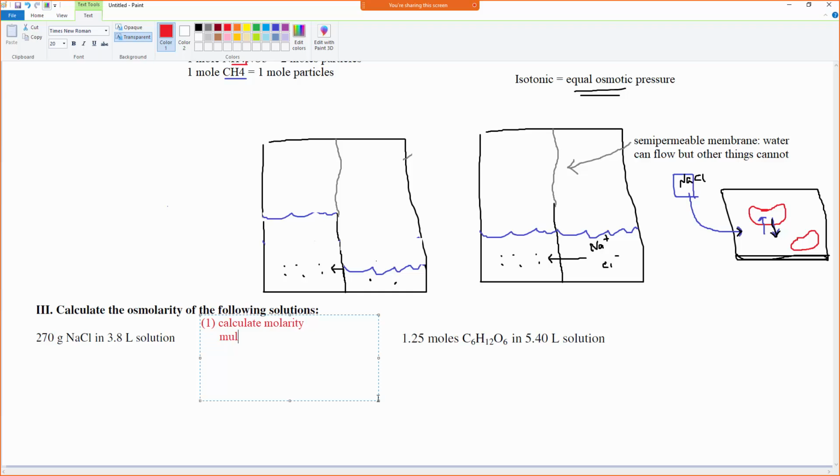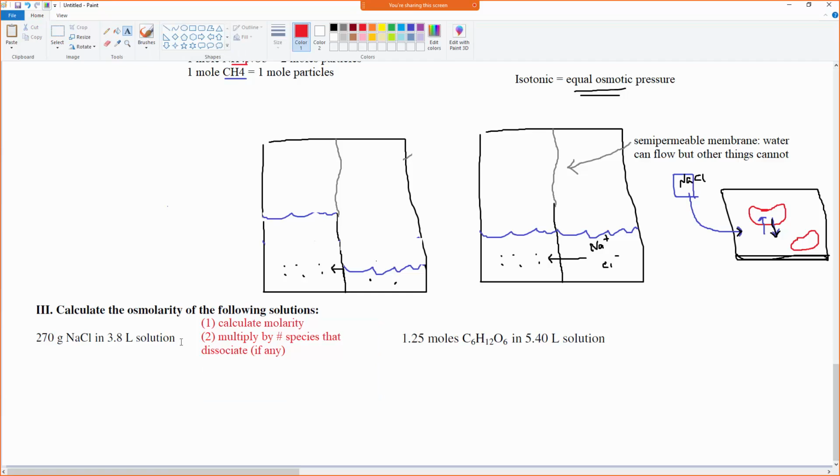And then we're going to multiply by the number of species that dissociate, if any. And then that's it. I guess that's step 2. All right, that's how we're going to do it.